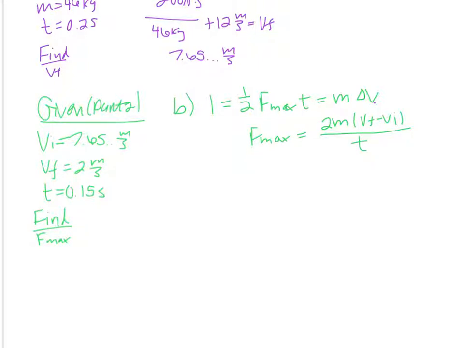And once again, this impulse has to be negative because it's acting in the opposite direction that the boulder's moving. So this equals negative 2 times 46 kilograms times my v final, 2 meters per second, minus my v initial, 7.65, keeps on going, meters per second, over the time, 0.15 seconds.